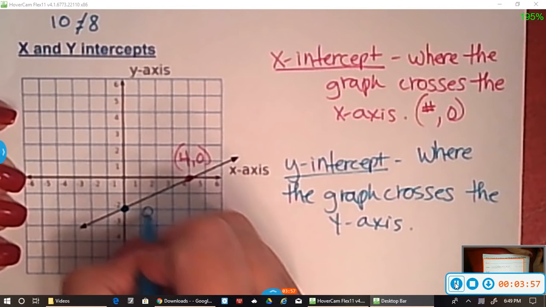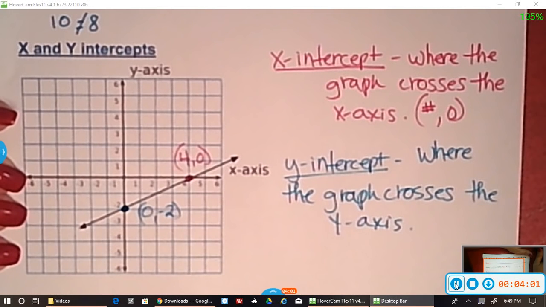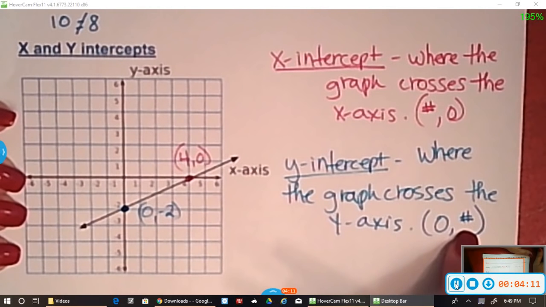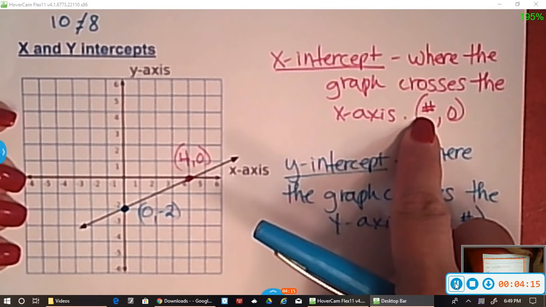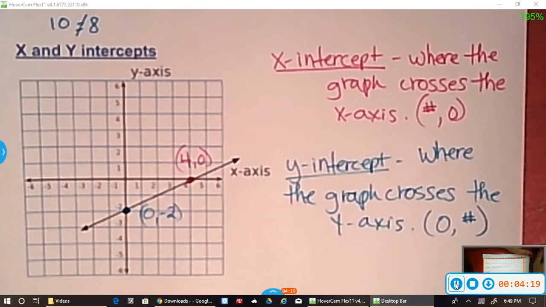That ordered pair is 0, negative 2. So for every y-intercept, that ordered pair is going to look like 0, comma, a number. The number tells you where it touches the axis, just like for the x-intercept, this number tells me where it touches the x-axis.